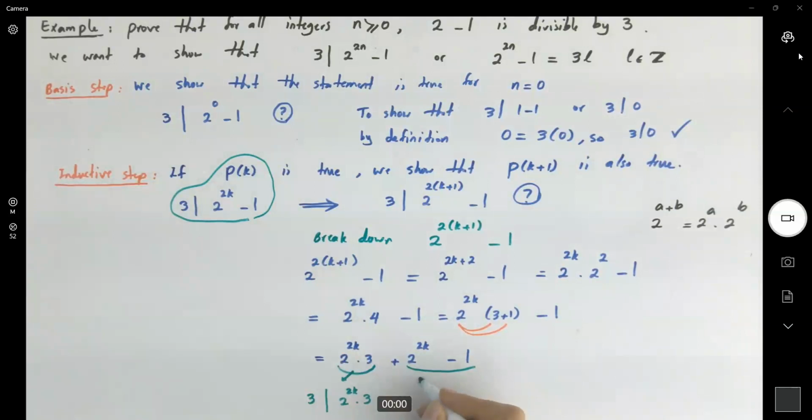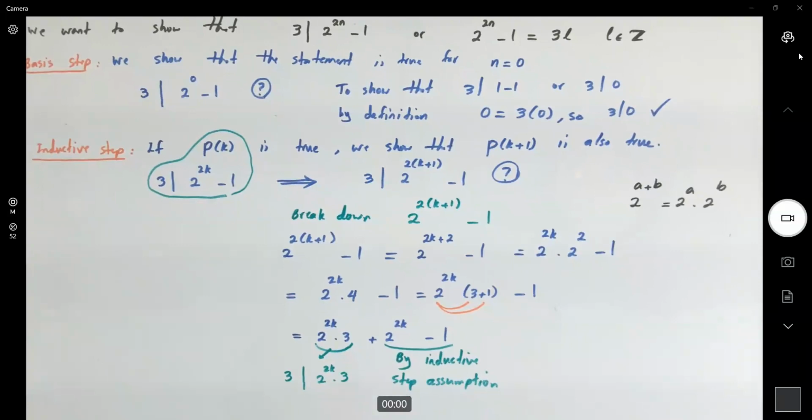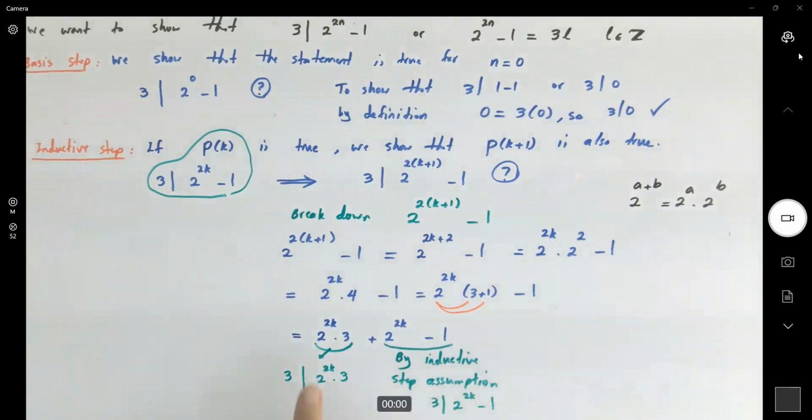By inductive step assumption, 3 divides this number. 3 divides 2 to power 2k minus 1. So, as you can see, 3 divides the first term. 3 divides this term.